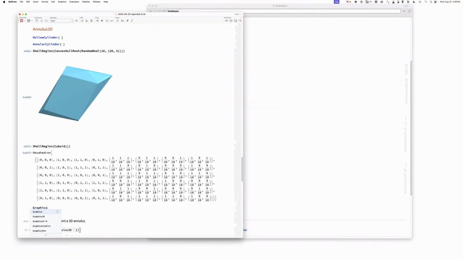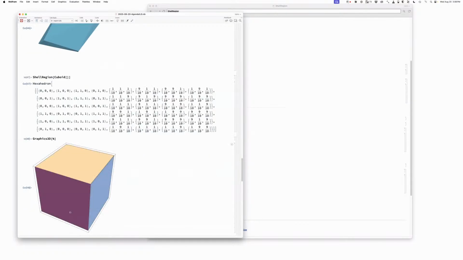What the hell's that? Well, do Graphics3D of that, and you'll see. It's another cuboid. It's a puffed cuboid of some kind. Yes. Right, and with some puffing factor.